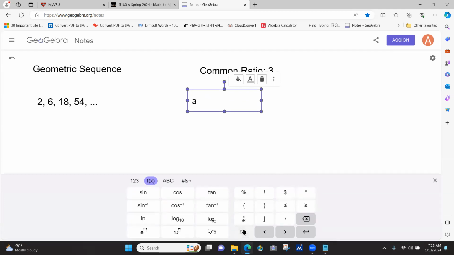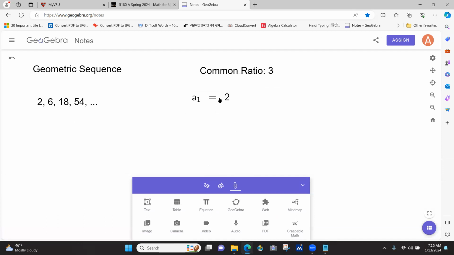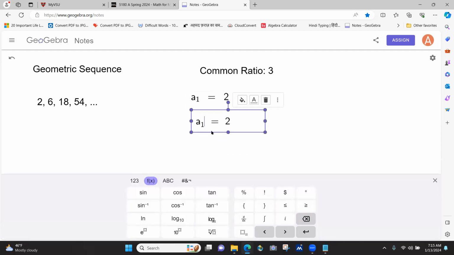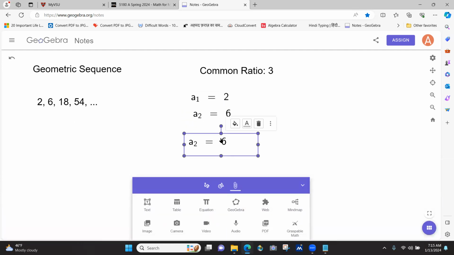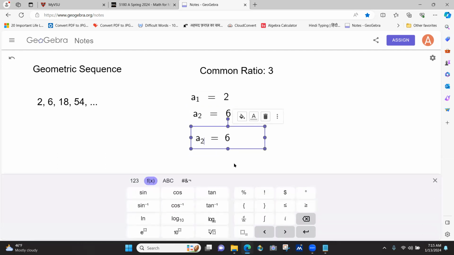So A subscript 1 is 2. A subscript 2 is, I'm just going to write 6 for now. I'm going to break it down in a second, and then you'll be able to see the pattern. A subscript 3 is 18.